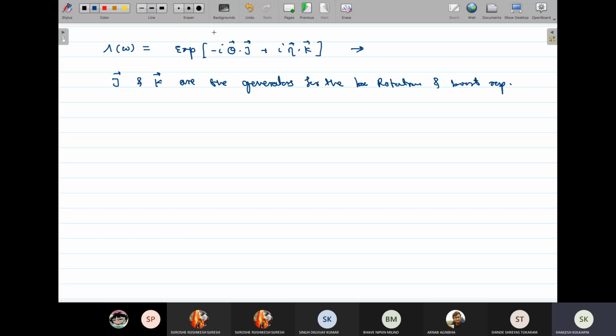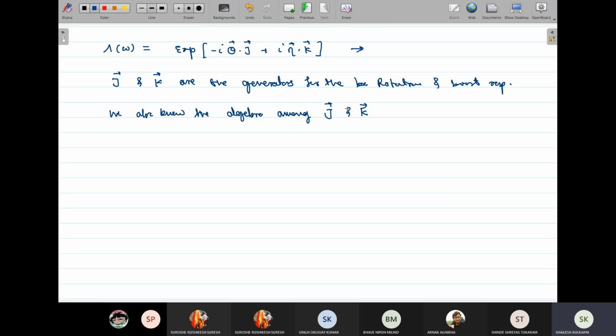We also know the algebra among J and K. Algebra means the commutation relations among J and K: J with J, K with K, and J with K. Good.